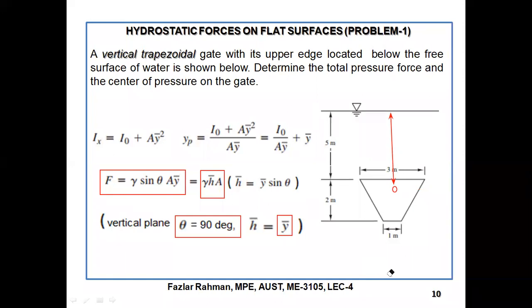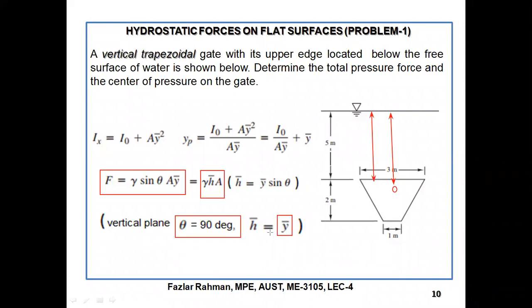So we need to figure out the CG of a trapezoidal area. We know the overall depth of the top surface is 5 meters.